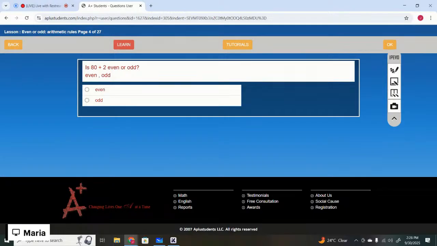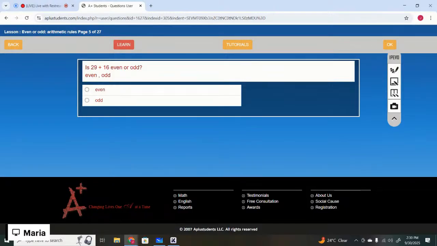The correct option is even. Is 29 plus 16 even or odd?